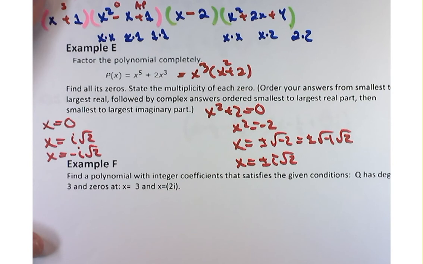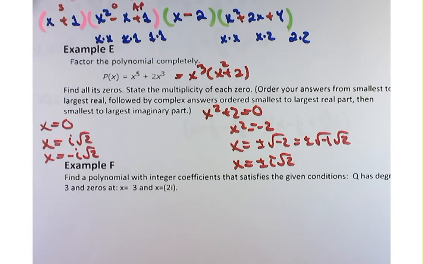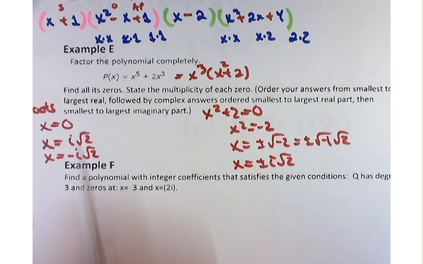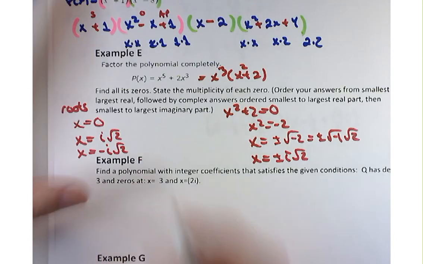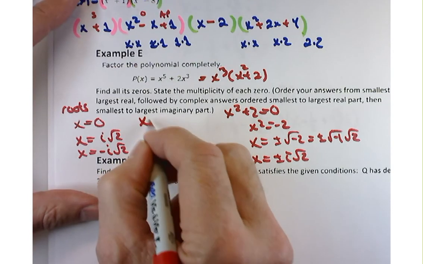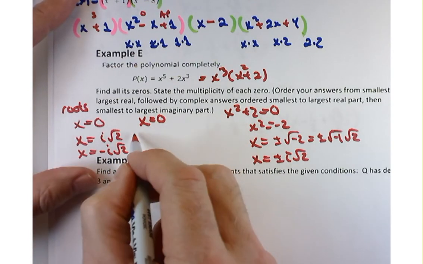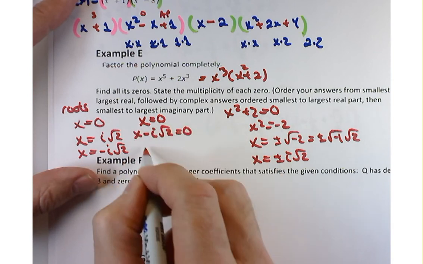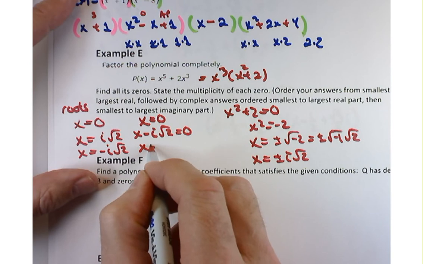And once we know the roots, we can come up with the factors. Here we just got x equals 0, don't have to change that, but this is x minus i times the square root of 2. This is x plus i times the square root of 2.